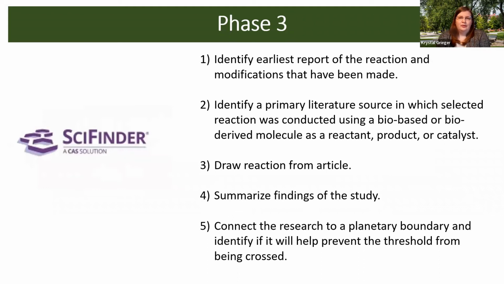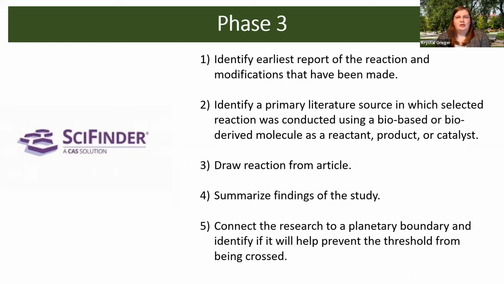For the third phase, we had them look up the earliest report of the reaction and then look up some modifications that have been made since, whether people changed solvents, found ways to lower the temperature, or just different things to make the reaction better in some form or fashion.